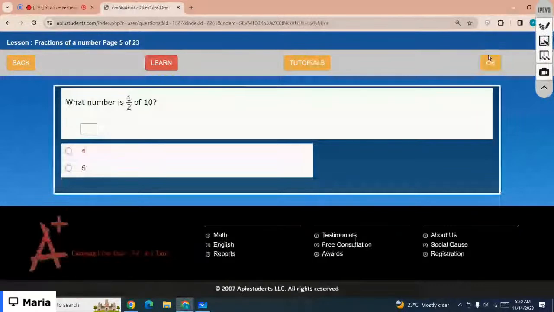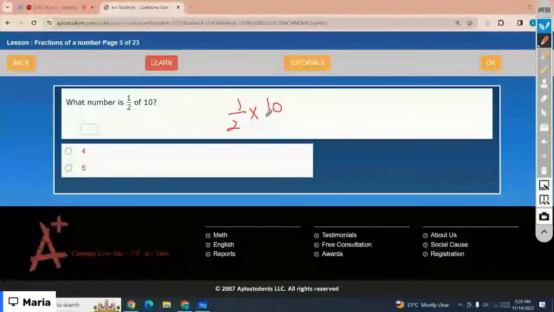The next one is 2 by something times 10, right? 10 doesn't have any denominator, so its denominator is 1. You have to do numerator times numerator: 1 times 10 is 10 and 2 times 1 is 2. So you need to count 2 until 10.